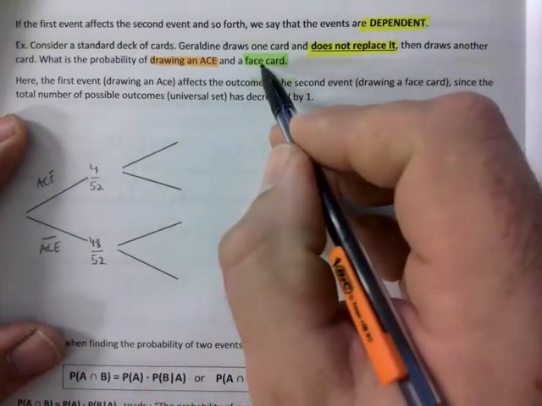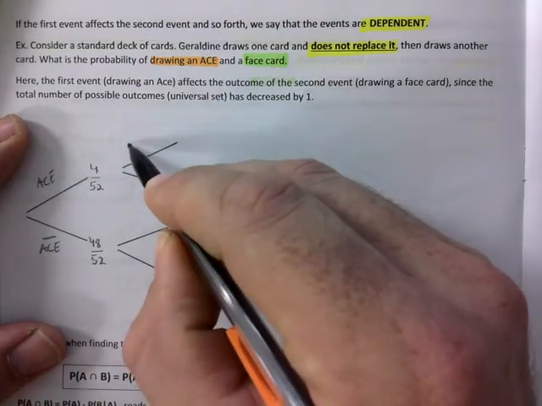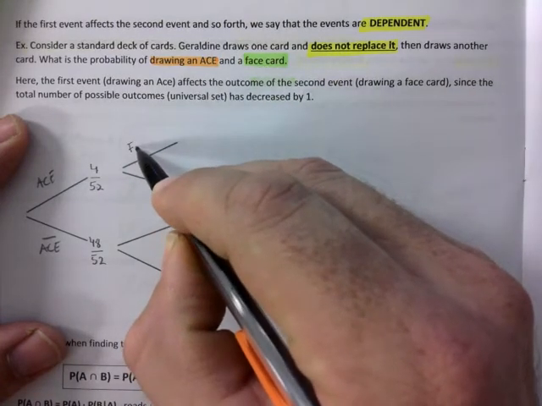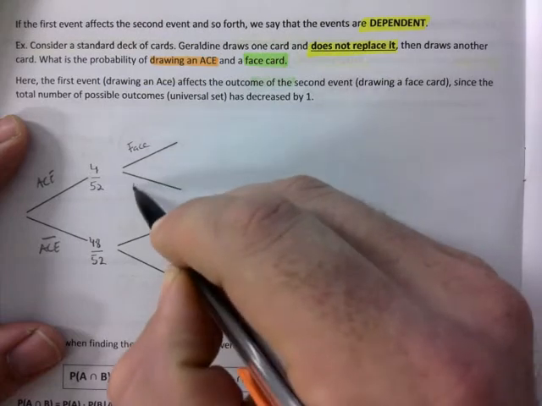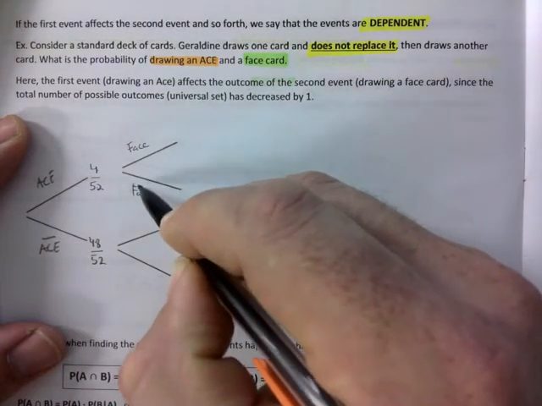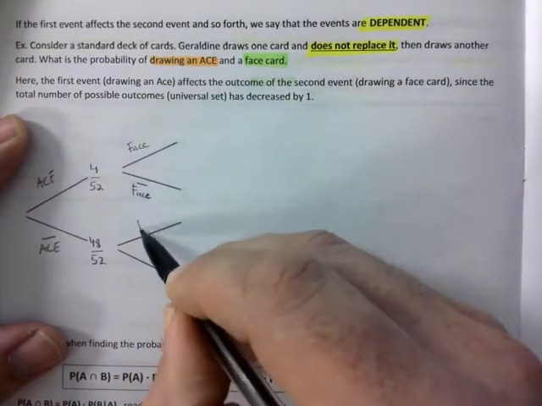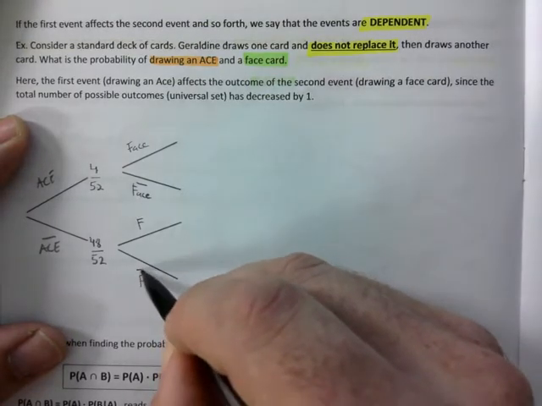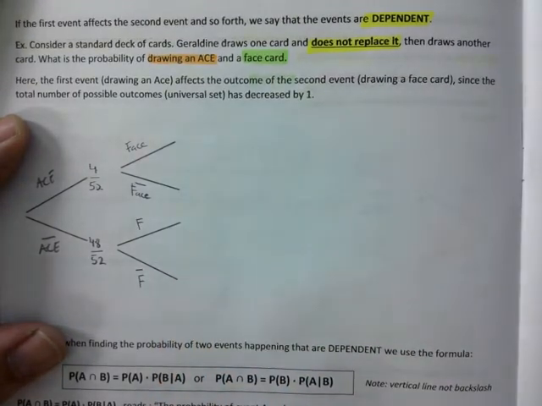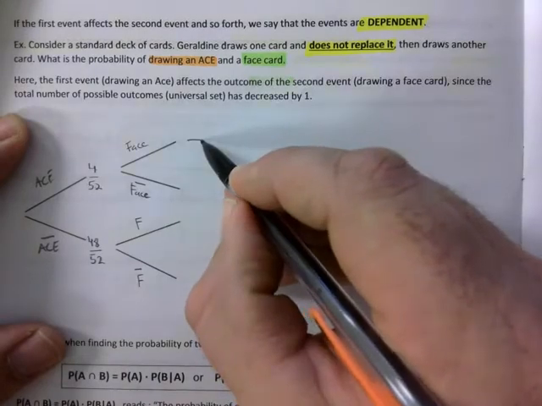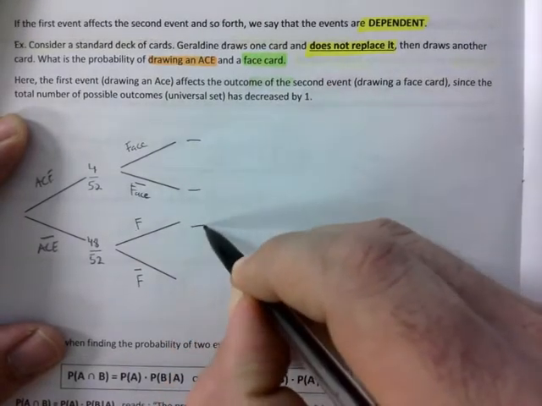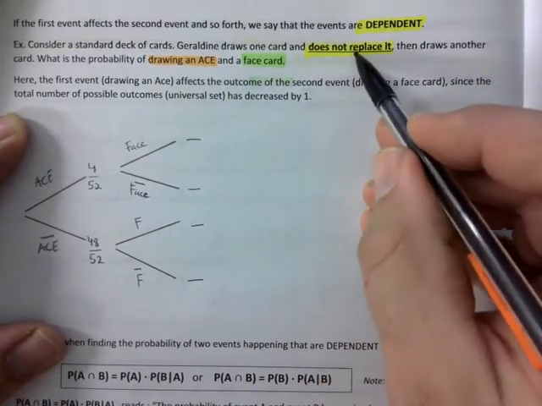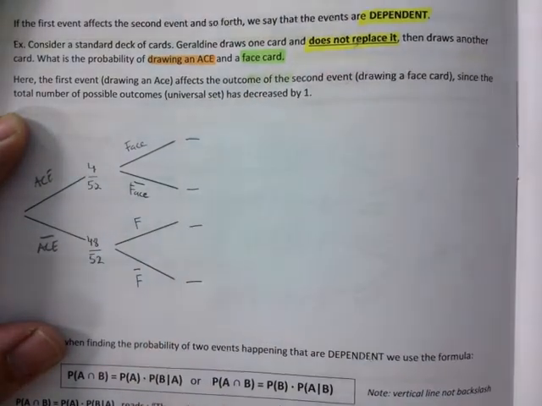Now, what's the second probability we're trying to figure out? Face. I think I can go face, not face, and then I'll just go F, not F. How many cards are left? One card has been drawn and not replaced.